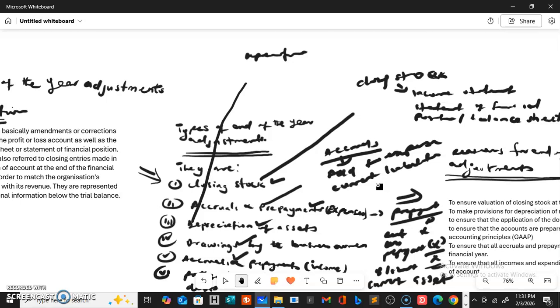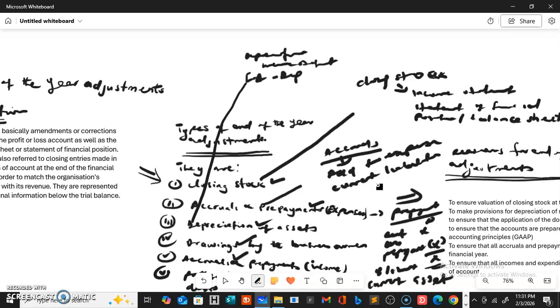Depreciation can also be regarded as the wear and tear of assets. It will be regarded as an expense, which you deduct from the fixed assets, in the income statement or P&L.